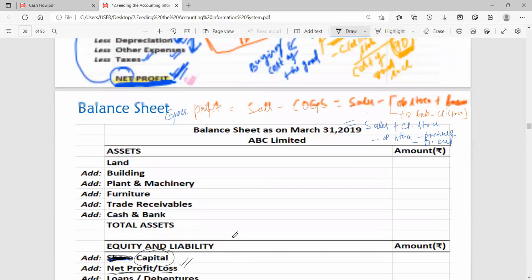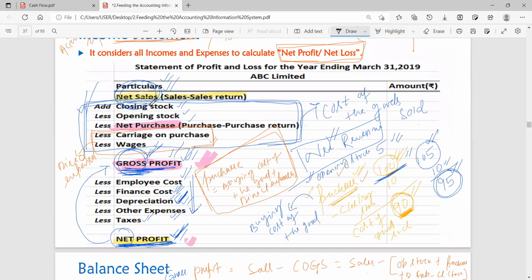So this is how we prepare the income statement. We take the revenue, that is the sale, which is always net sale, and we adjust for the cost of goods sold, which is opening stock plus purchase plus other direct expenses incurred for purchase, minus closing stock.